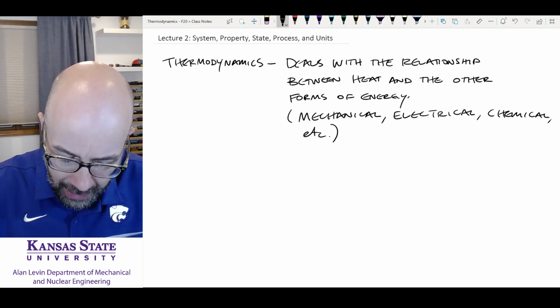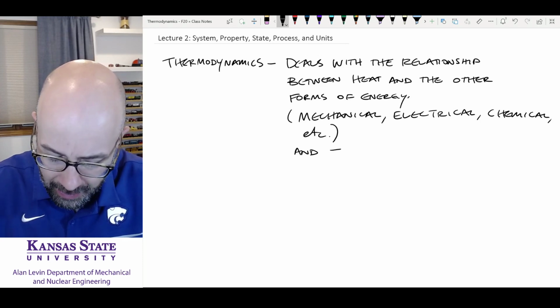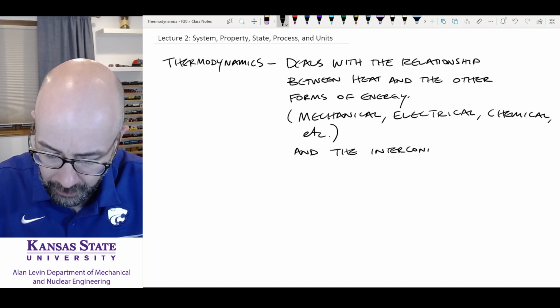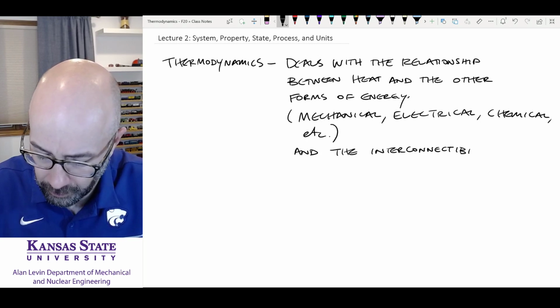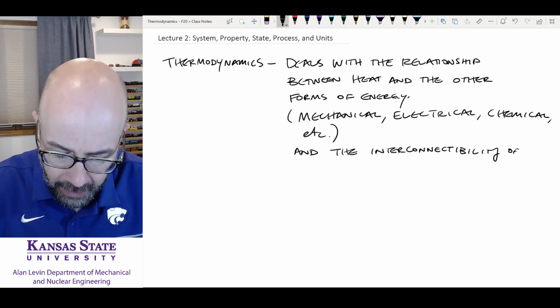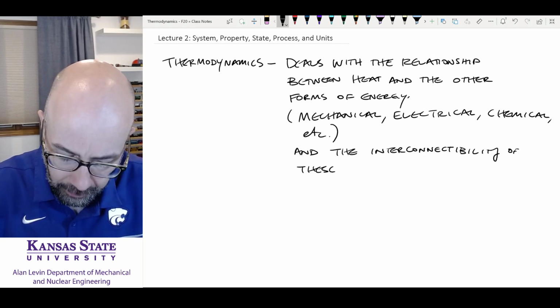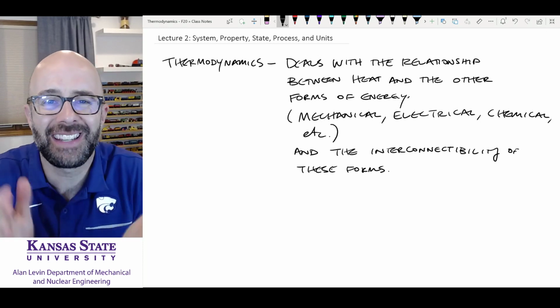And then, continuing on, the interconnectability of these forms. What we're going to find out is energy is energy.